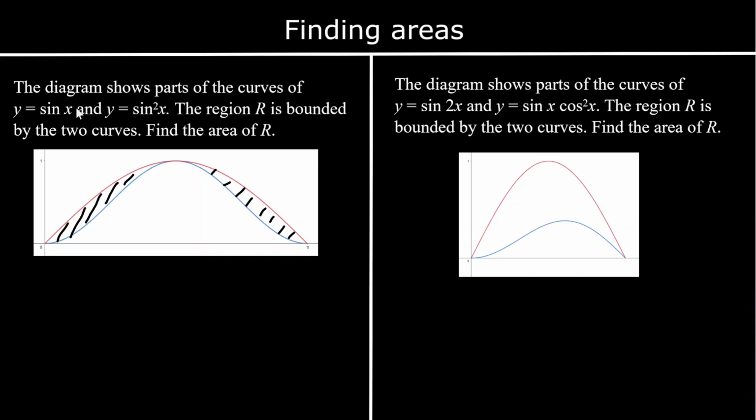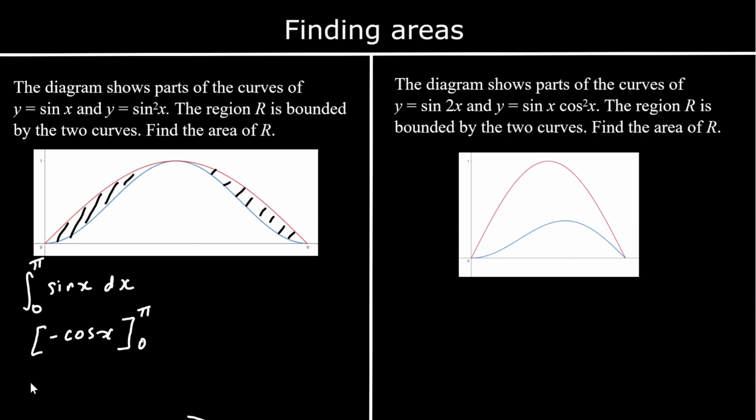So for sin x, we can do that straight away. The integral of sin x with respect to x between pi and 0. When we integrate sin, we get a negative cos. So it's negative cos x between pi and 0.